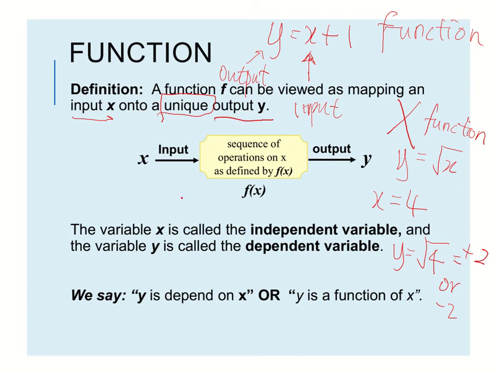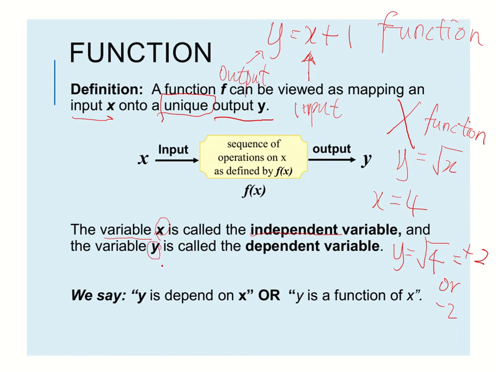Now the variable x is called the independent variable, because x is changing, it can be any number. That's why we call it a variable. However, we can choose the value of x, therefore it is independent. Is y independent?